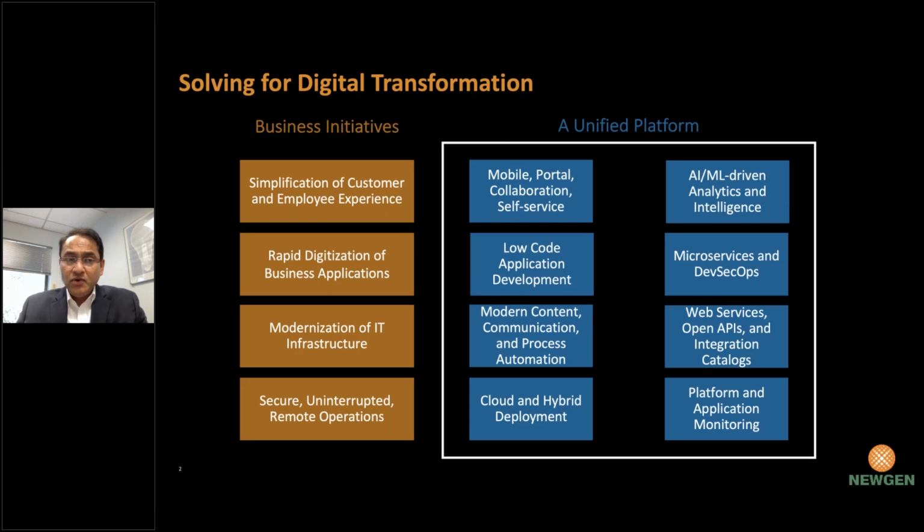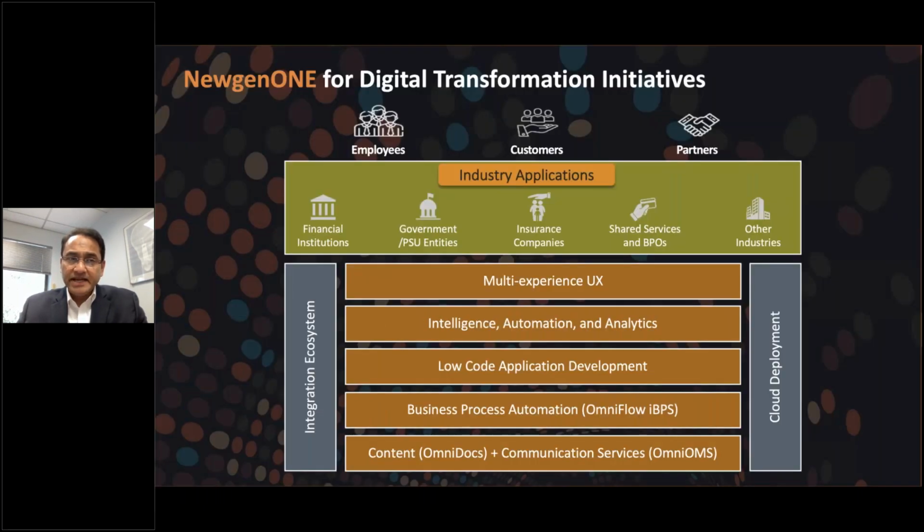So if you look at Newgen One for digital transformation initiatives, you see it has a layer for core content services at the bottom with communication services combined with it. And then business process automation is on top of it.